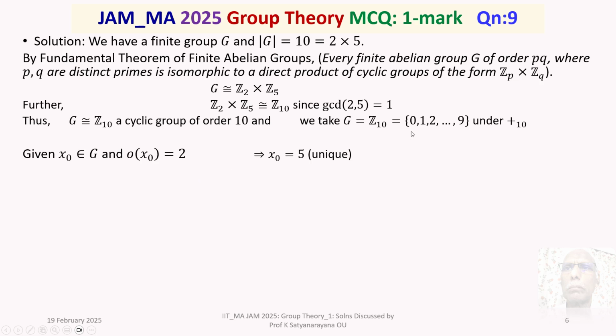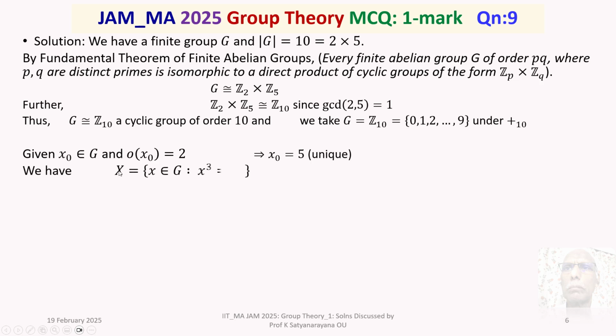Is 1 plus 1 is 2, modulo 10 is 2, is it 0? No. Suppose we take 5, 5 plus 5, 10, modulo 10 is 0, yes. So the order of x0 equal to 2 will imply x0 is equal to 5 and there is only one such element. You can check.